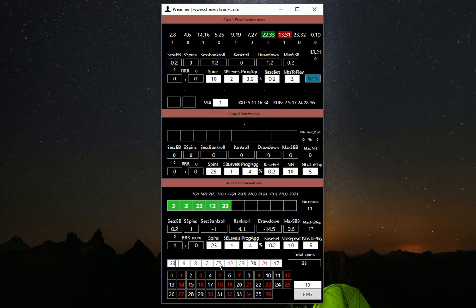And if I enter number 23, you will see our bankroll, not the session bankroll, is of course 0 because we stopped playing, but the normal bankroll is increased, and our risk reward ratio, which is here, is 1 to 0, which means 100% successful. And again, another 2 fixed patterns are qualified for the game.